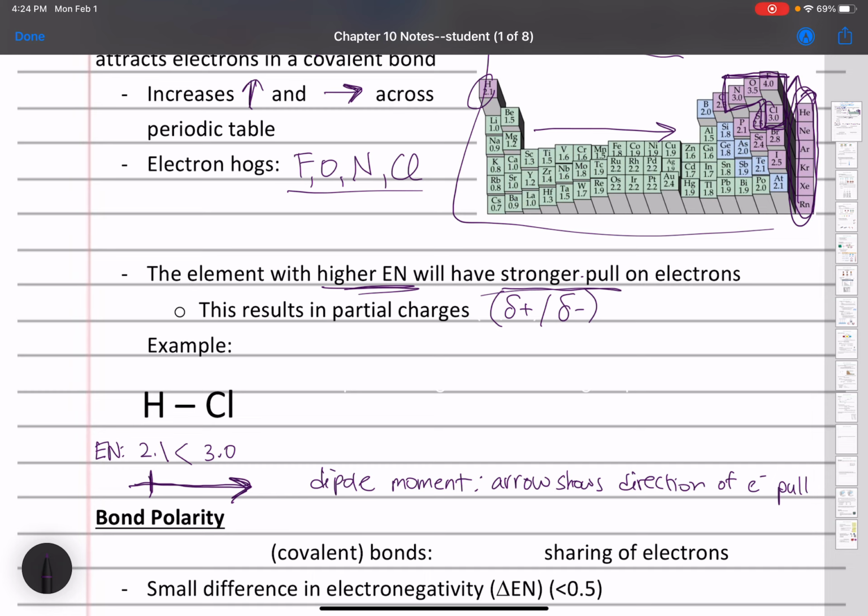Right? We can also indicate the partial charges that each of these atoms will sustain. So the chlorine is hogging electrons, so electrons are negatively charged. The chlorine is going to be partially negative, and that hydrogen is going to end up being partially positive. So we call these partial charges.